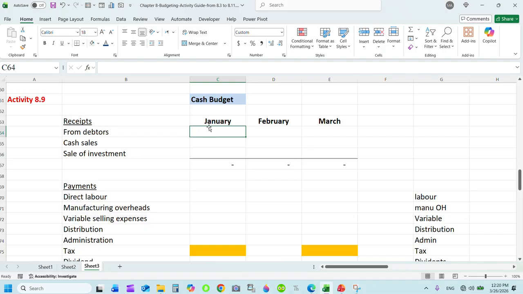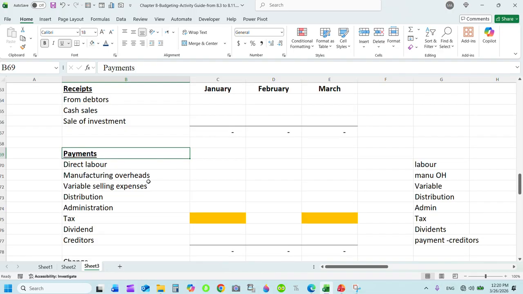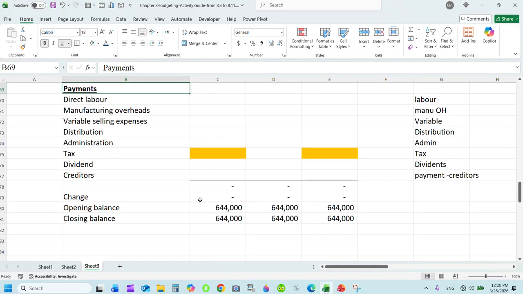You just list down cash receipts first, thereafter your cash payments. The difference between cash receipts and payments you can call net change in cash. Then to this you add your opening cash balance, then you can find your closing cash balance, right?